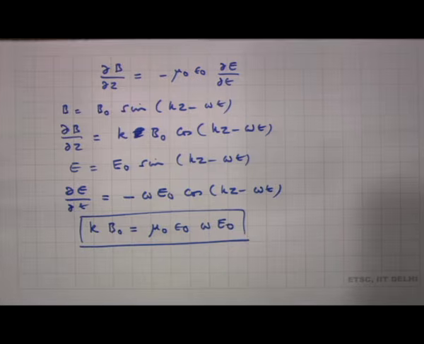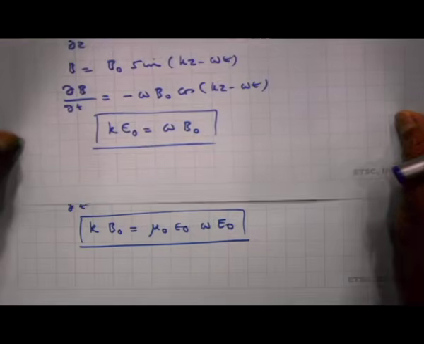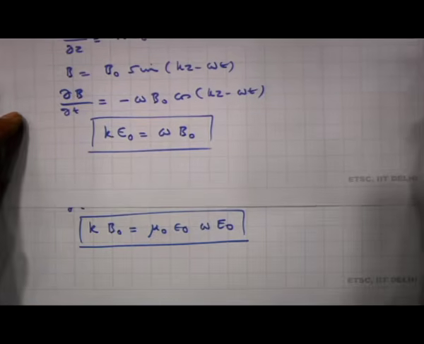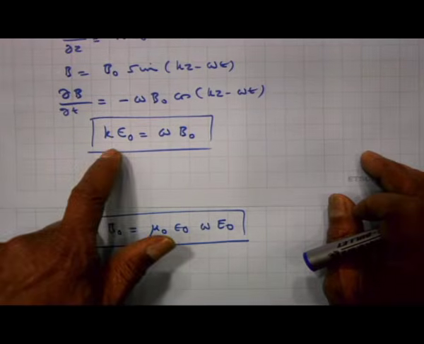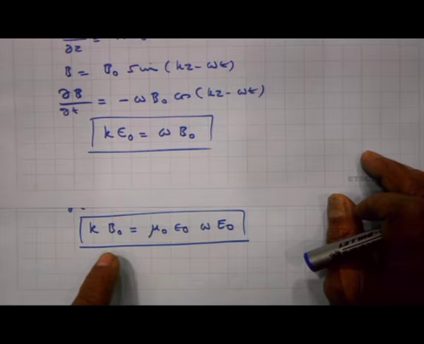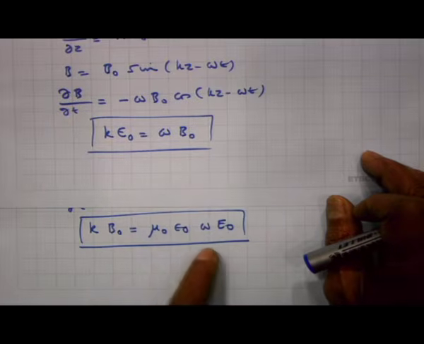Now, let me recall the other equation which I got, which is the condition to satisfy Faraday's law. So, I got two equations. If the solutions must satisfy Faraday's law of induction, E naught and B naught are related by this. If the solutions must satisfy the generalized Ampere's law, E naught and B naught are related by this.